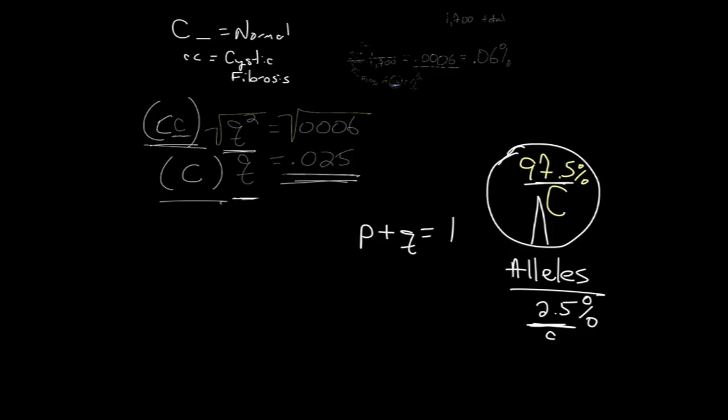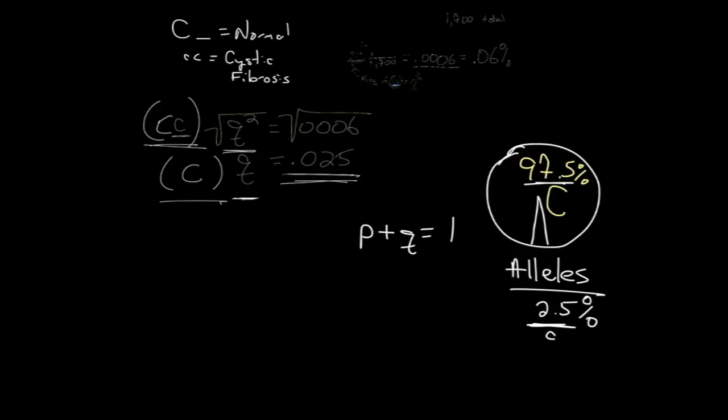They gave us q squared when they told us little c was 1 out of 1,700, which gave us this number. So we had to know that was q squared. That's why we had to take the square root, because it gave us a square. But once we found the q, then we could use this logic to say if we got 2.5% of these, then 97.5% has to be big C.